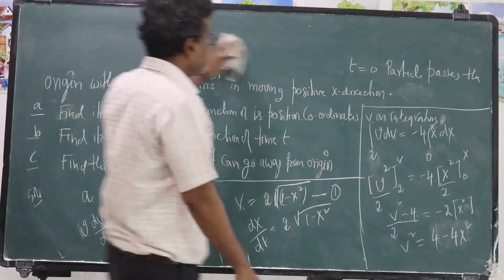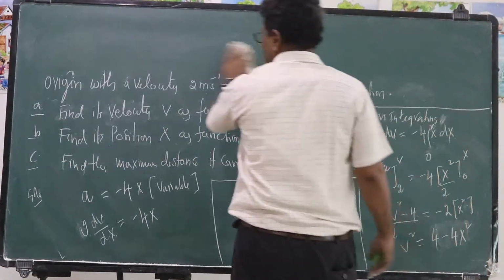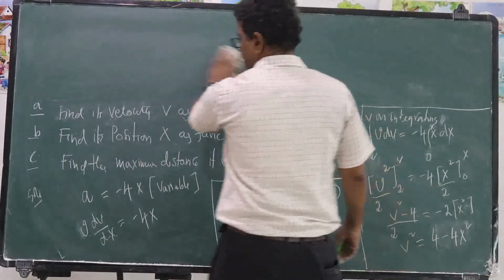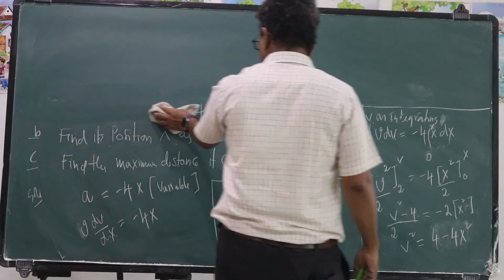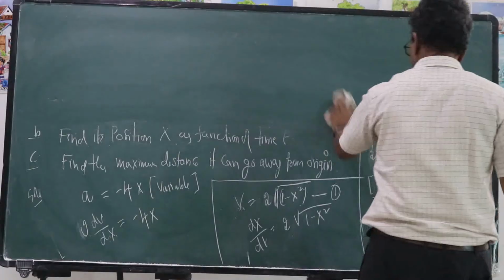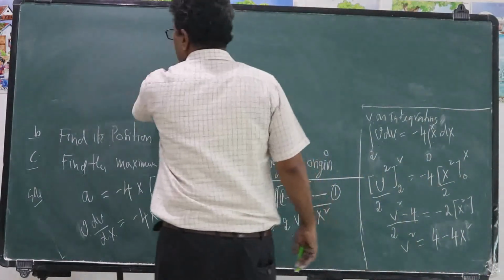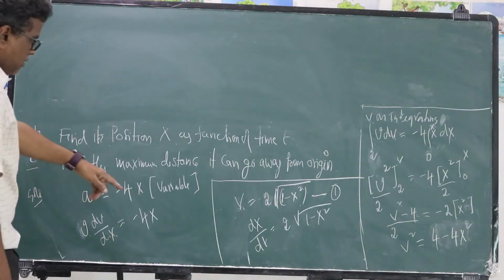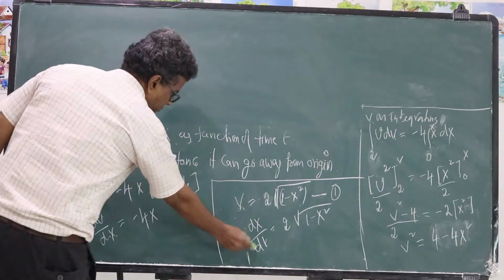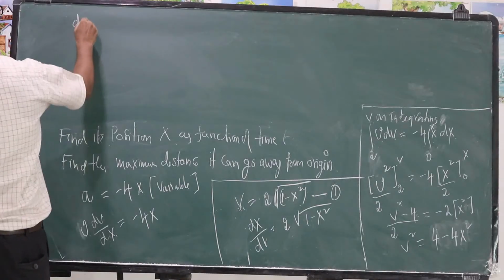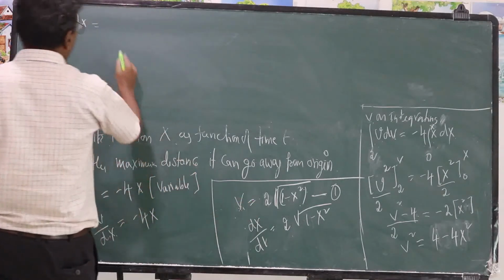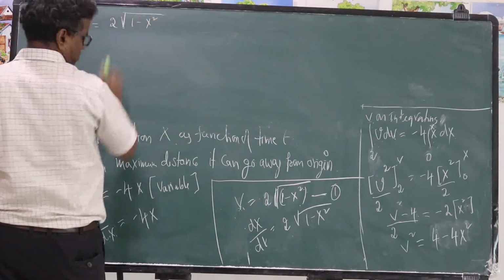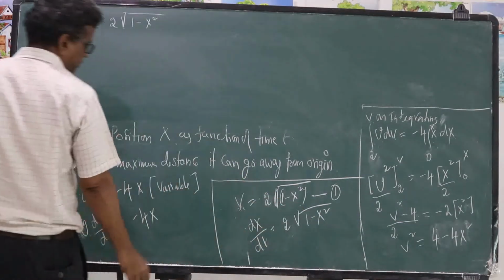So first one is over. Okay, so we are doing the second one. We want its position. So dx is equal to 2 into square root of 1 minus x square, into dt.